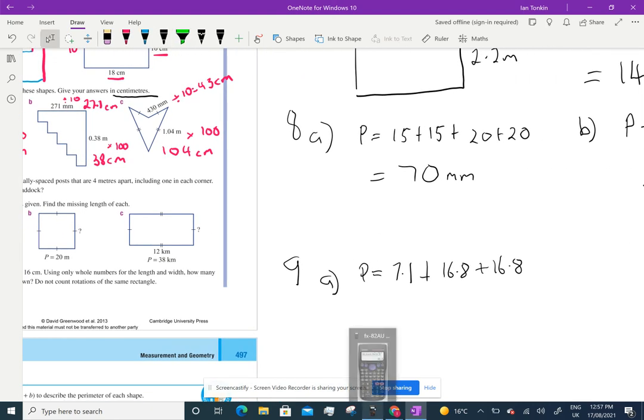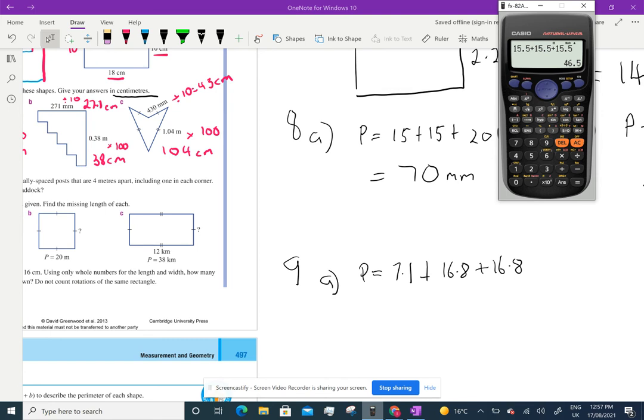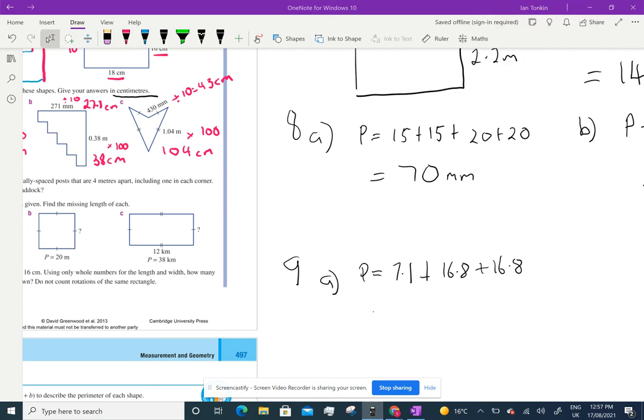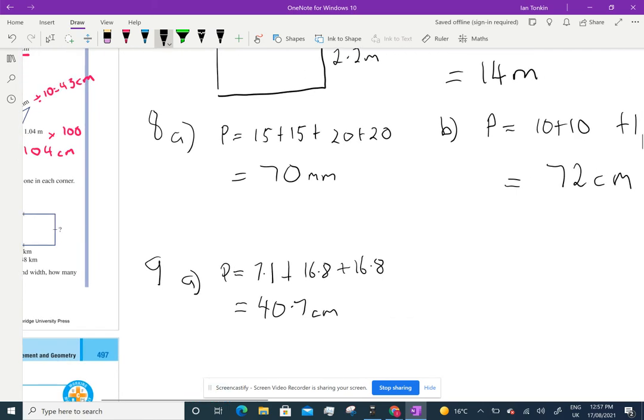And then I go to my calculator. 7.1 plus 16.8 plus 16.8. 40.7. And everything's in centimetres.